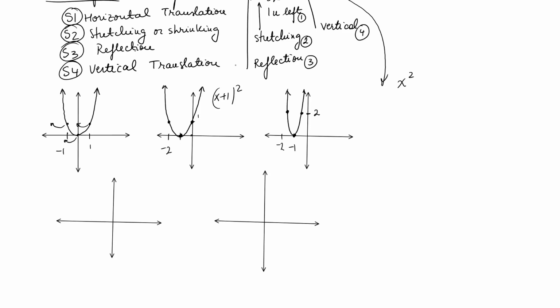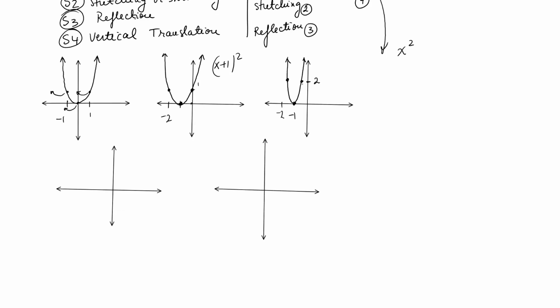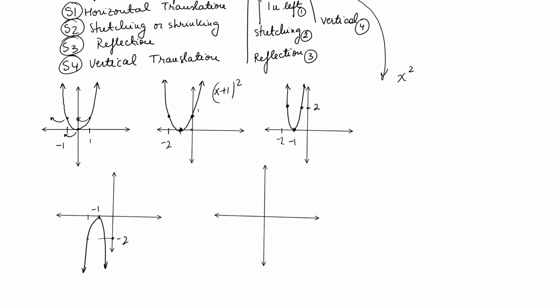Because it's stretched. Okay, now we have negative, so this graph that we just drew here, I'm going to reflect it in the x-axis. So at -2 is going to be -2 here. And then we are going to shift it 3 units down. So it's going to start from here.